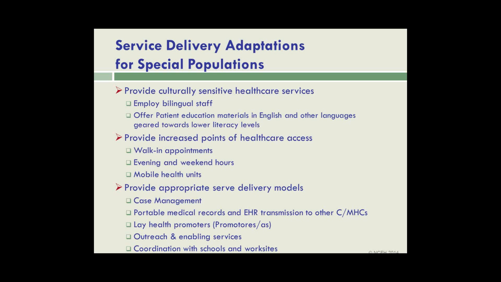Also provide appropriate service delivery models: case management, portable medical records and EHR transmission to other community and migrant health centers, lay health promotoras, outreach and enabling services, and also coordination with schools and work sites.